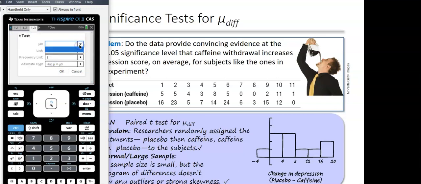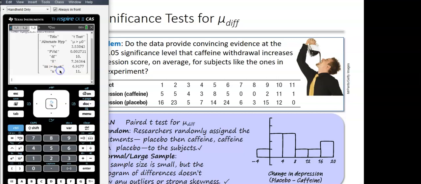We're calling the null 0. We think the list is called the difference. Why isn't that an option? Oh, there it is. Okay. And then the alternate is greater than, we think. Okay. So we go okay.